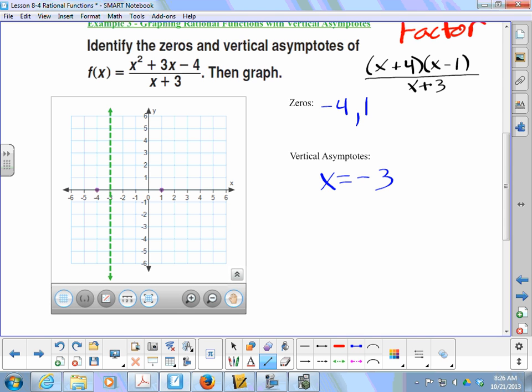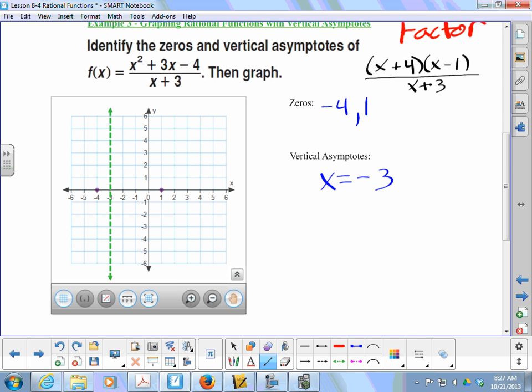Cynthia, what's the y-intercept? Negative 4/3. How many of you saw that? Okay. Now, think about it. If I have the y-intercept, what's the value of x? On the y-axis, what's the value of x?